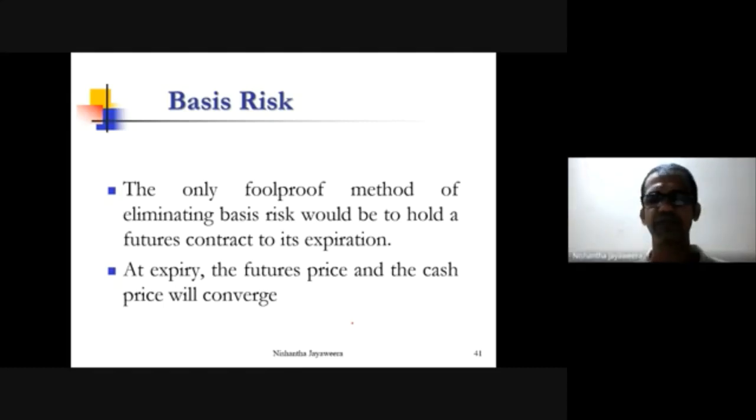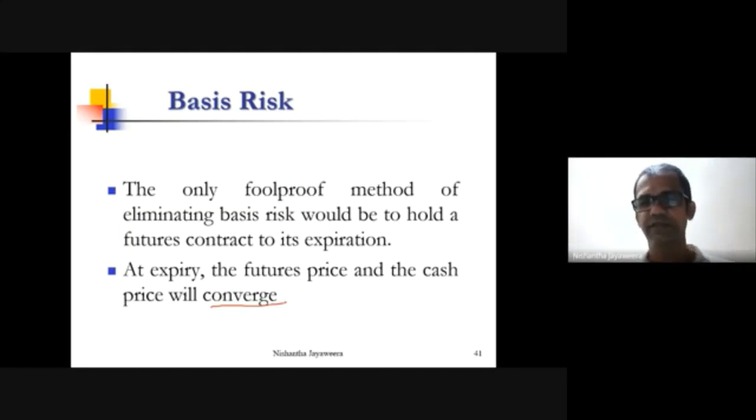So there's no basis, so no basis risk. You realize the profit or loss as the difference between the futures price you entered into and the spot price. Because of this convergence, if you hold this futures contract until expiry, there won't be any basis risk.